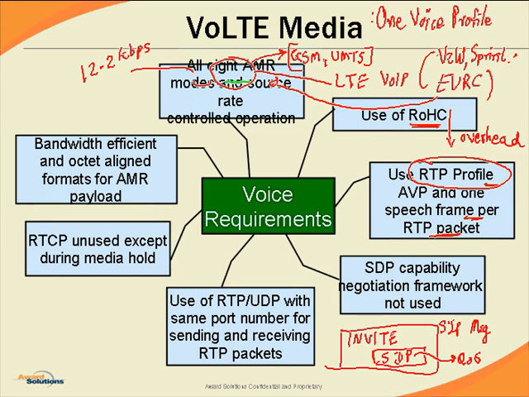So how to negotiate QoS? We will use a specific type of mechanism to negotiate quality of service. We are not using the so-called SDP capability negotiation framework, but that will become clear a little later. When we talk about call setup, I will talk more about this. For sending our speech frame or receiving a speech frame, we will use the same port number.